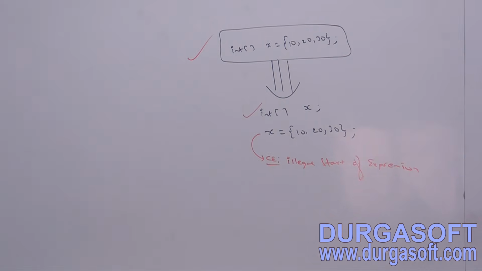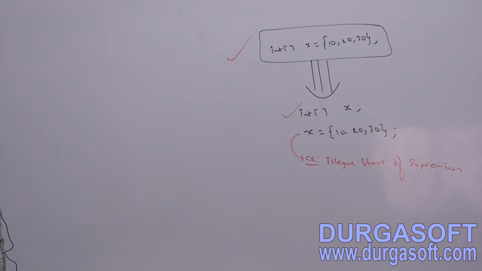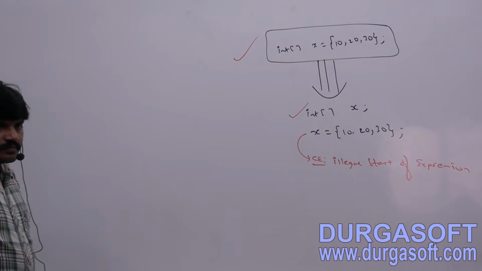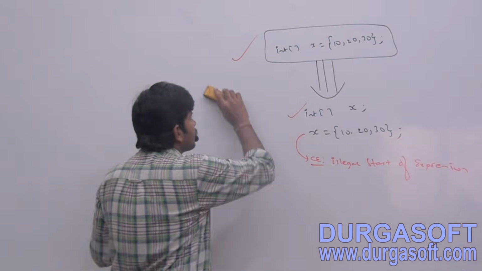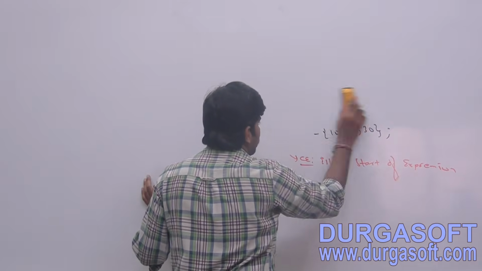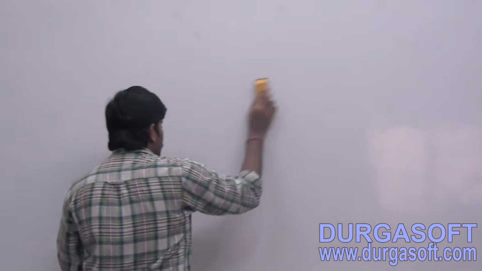Is it clear for all of you, right? That's all about array declaration, creation, and initialization in a single line.